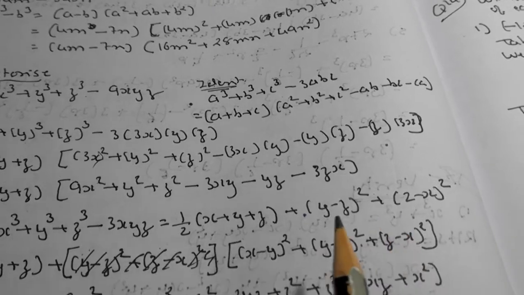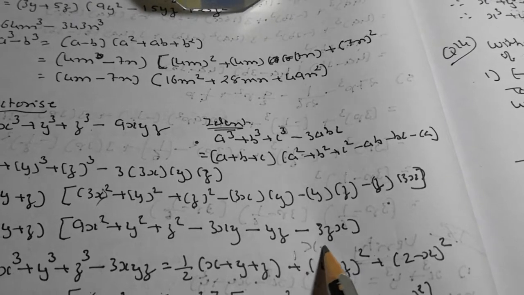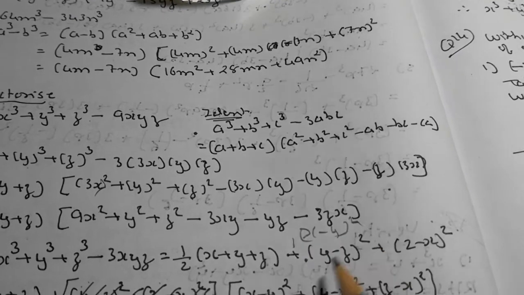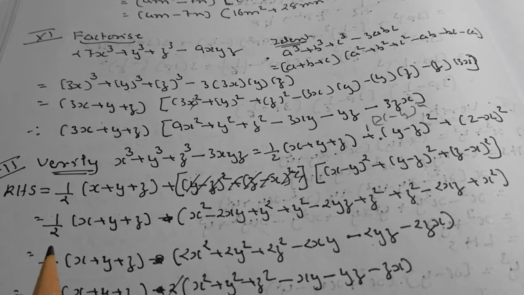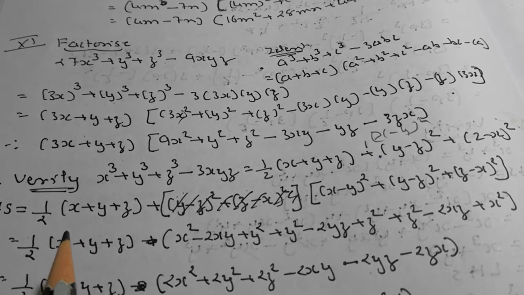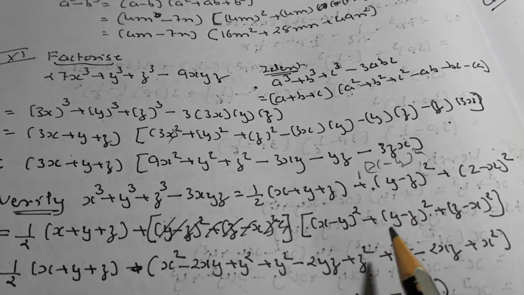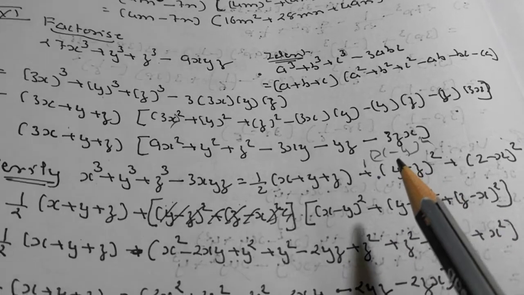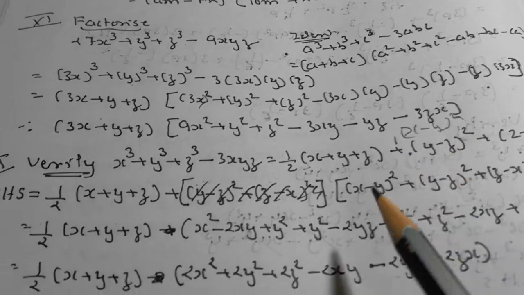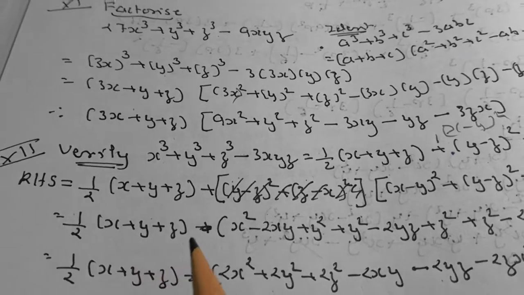Here again I have forgotten one term to write, that is (x minus y) whole square. So I have written 1/2 into (x plus y plus z) into (x minus y) whole square plus (y minus z) whole square plus (z minus x) whole square.